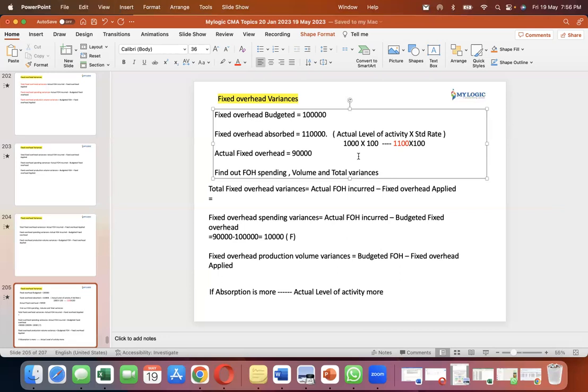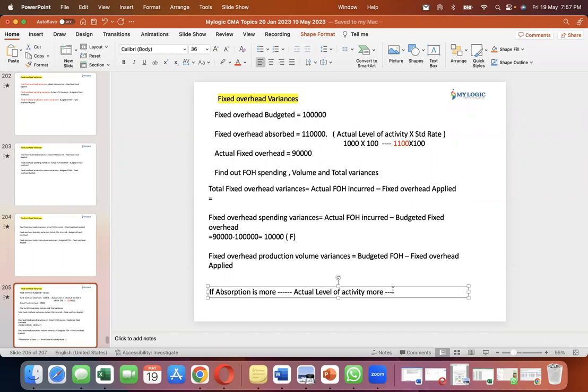Everyone, please respond. If absorption is more, which effectively means that my actual level of activity is more. If actual level of activity is more, suppose my production and sale is more, what happened to my profitability? It will boost. Profitability will increase.